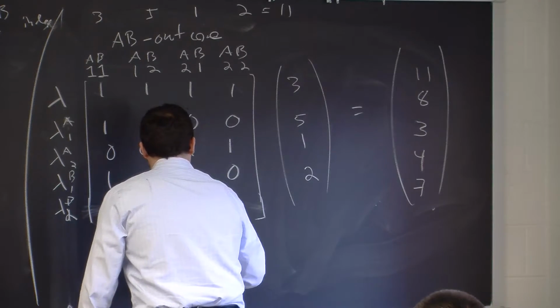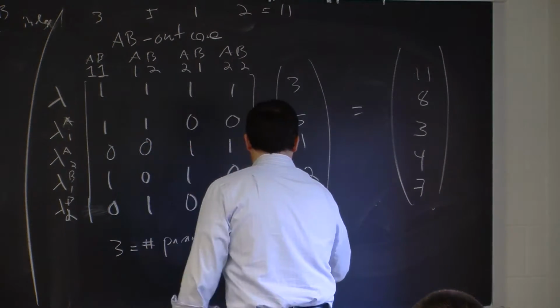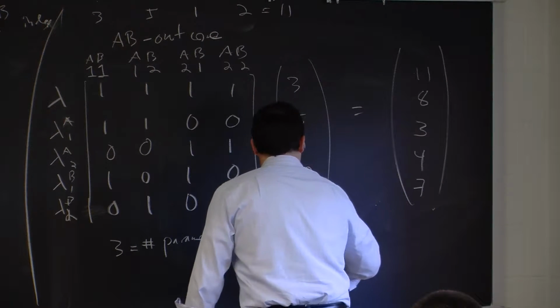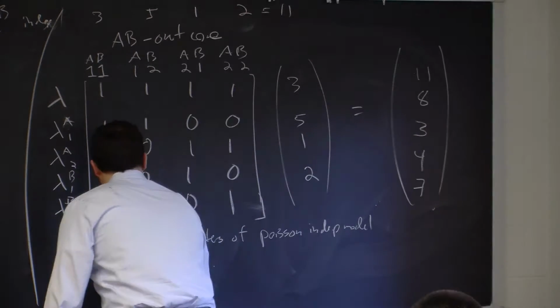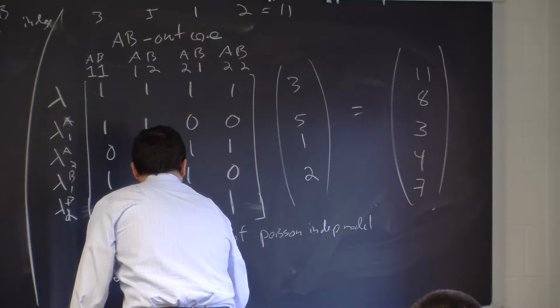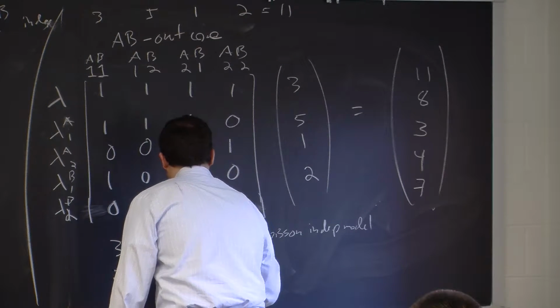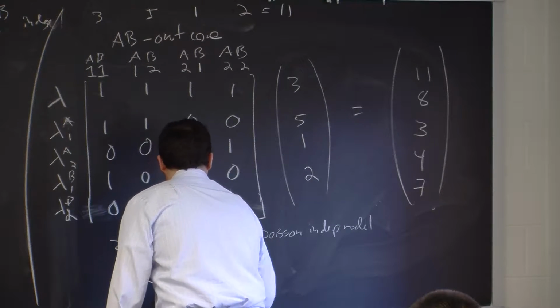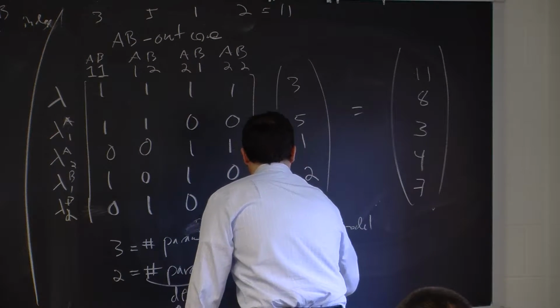Number of parameters of the Poisson model. Number of parameters, number of free parameters, number of degrees of freedom. We're calling this degrees of freedom. Multinomial model.